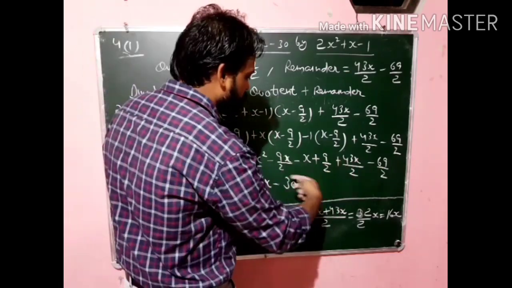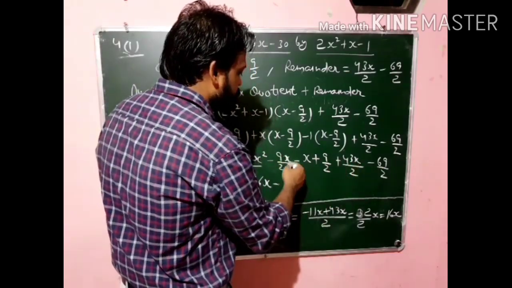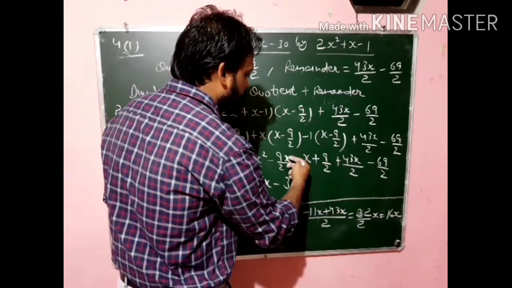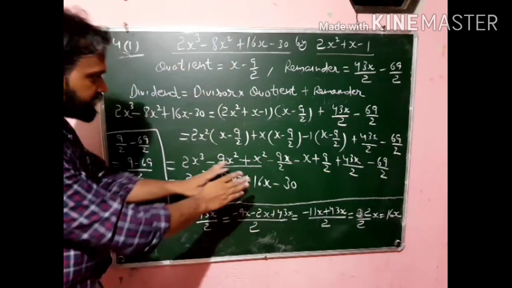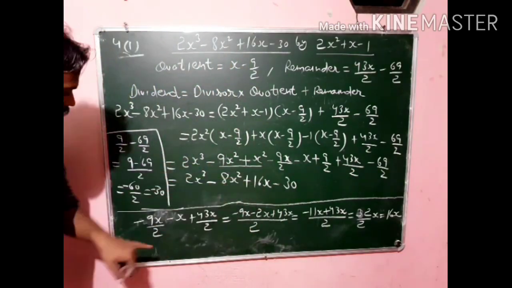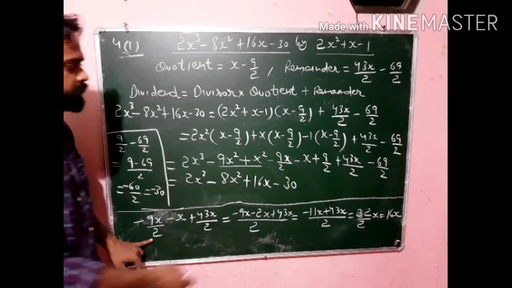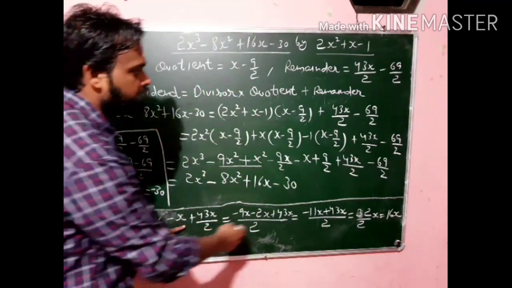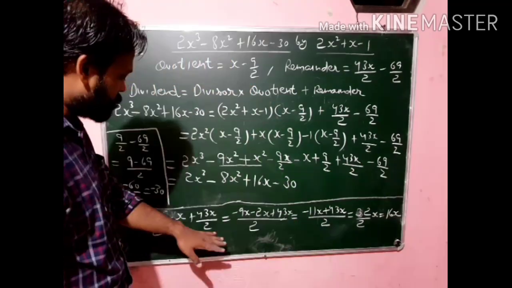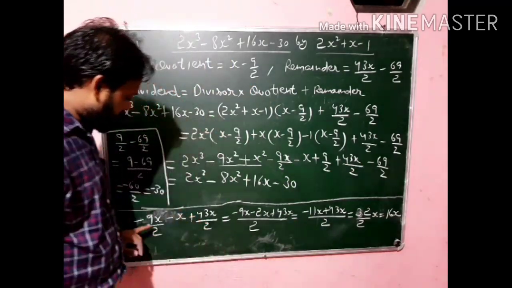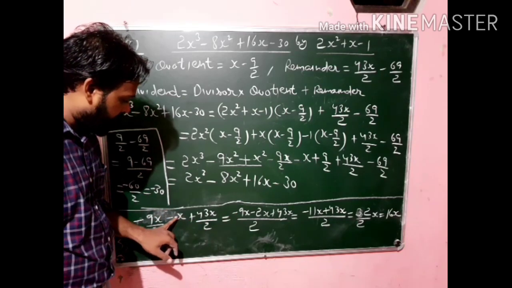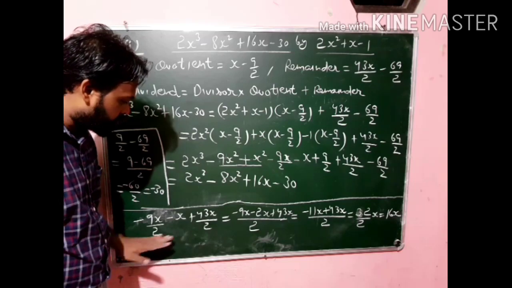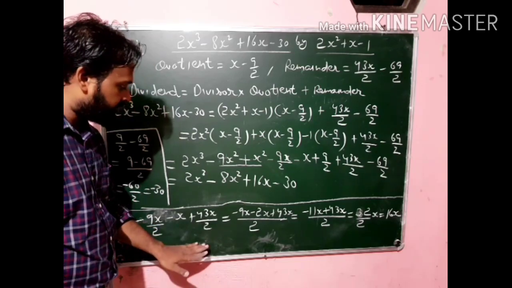Now see how I solve the terms with the x variable, meaning the power of the variable is 1. Write down minus 9x by 2, then minus x, and then plus 43x over 2. Take the LCM, which is 2. So minus 9x, and this x multiplied with 2 becomes minus 2x, plus 43x as it is, because 2 is already under 9x and 43x.